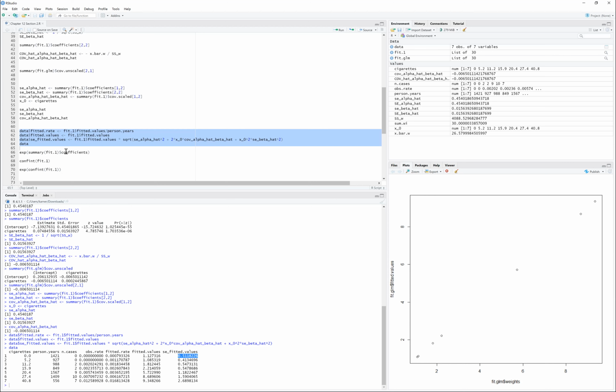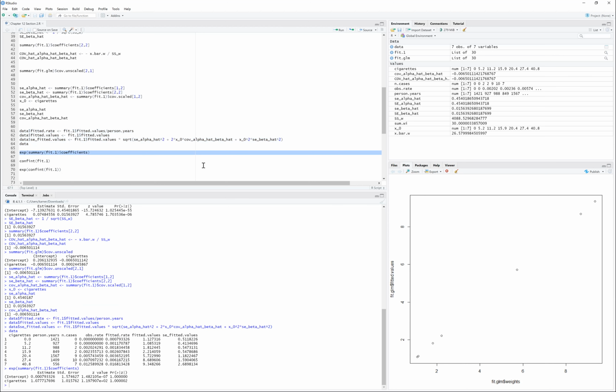So we can exponentiate those coefficients, right? And if we wanted to, this is giving us those estimated values of our coefficients, because originally we modeled based on the log, and so we're exponentiating these to get the values that we're interested in.